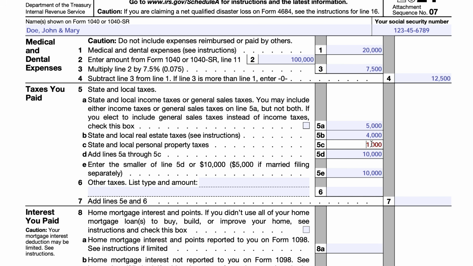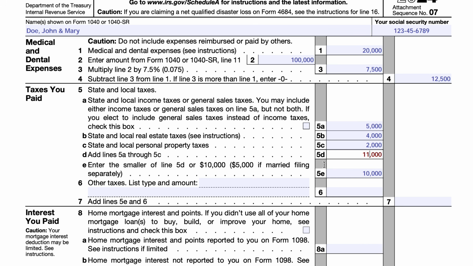Now, you'll notice that if you made this $2,000 and this became $11,000, you would still enter the smaller of either this amount or $10,000. So by the time you get to 5E, if you have a number that's larger than $10,000, you need to go back through steps 5A through 5D and double check where you went wrong.